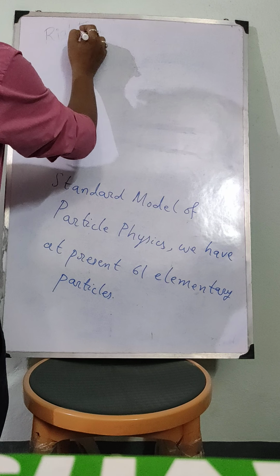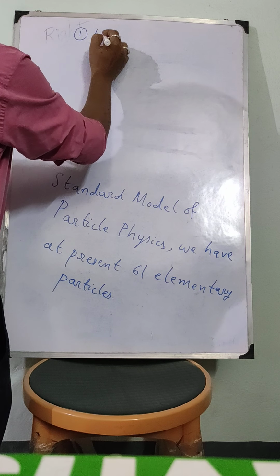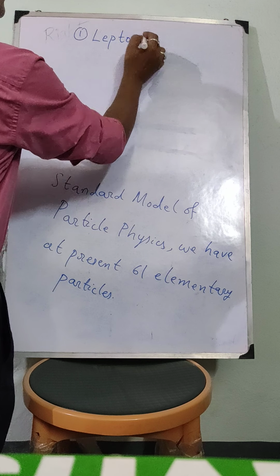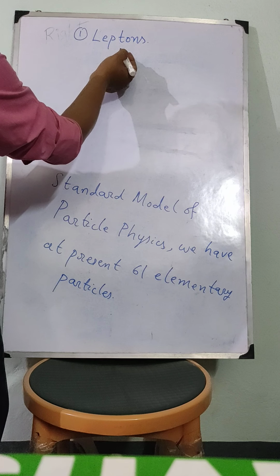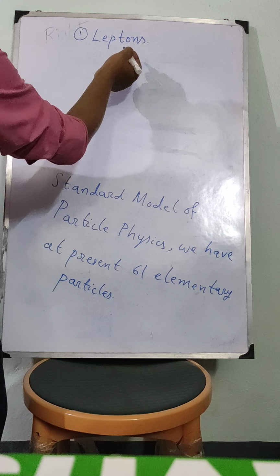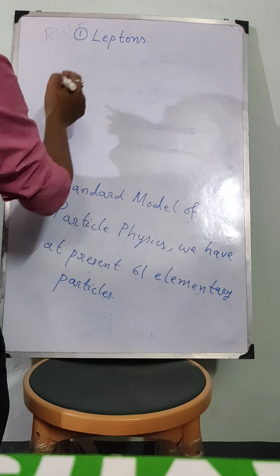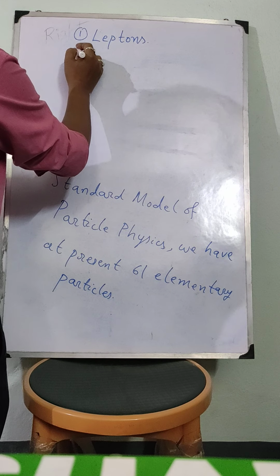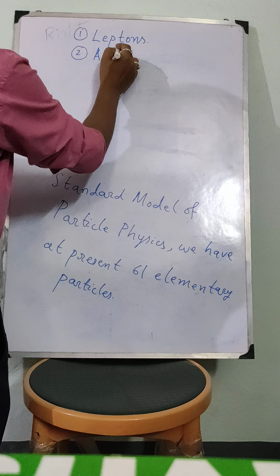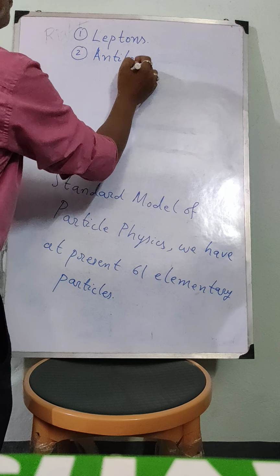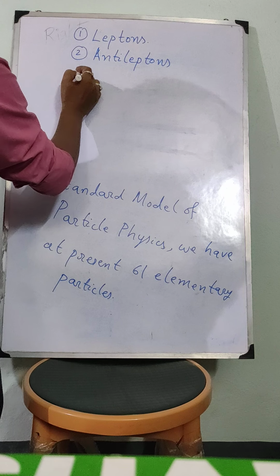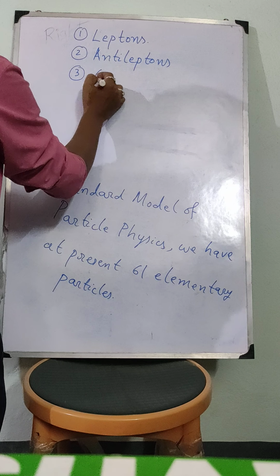These are number one, the leptons, in which the electron, muon, tau lepton and neutrino belong. Okay. Then we have antileptons. Then we have quarks.